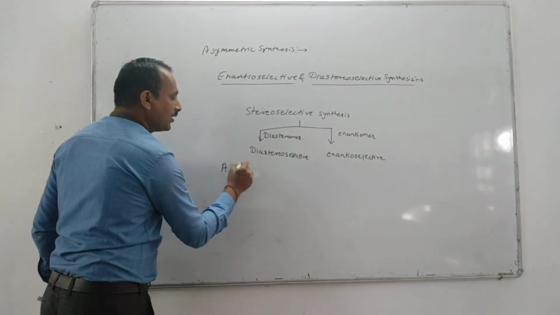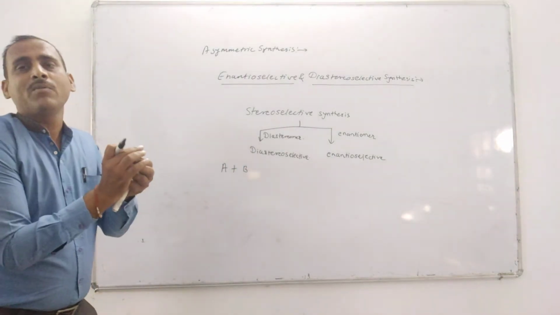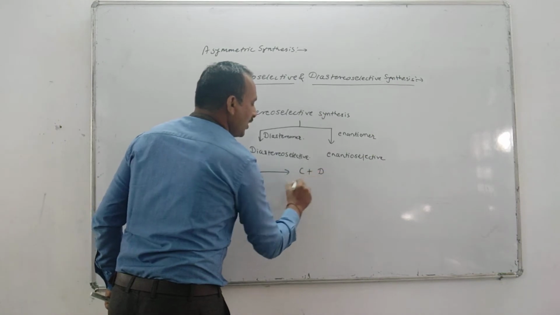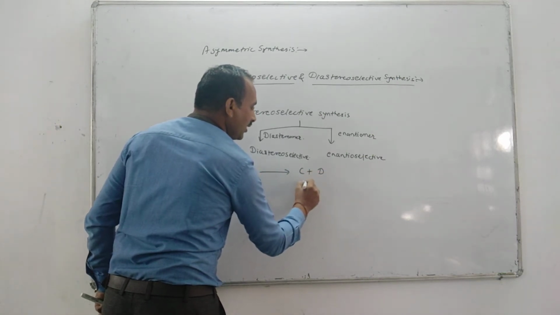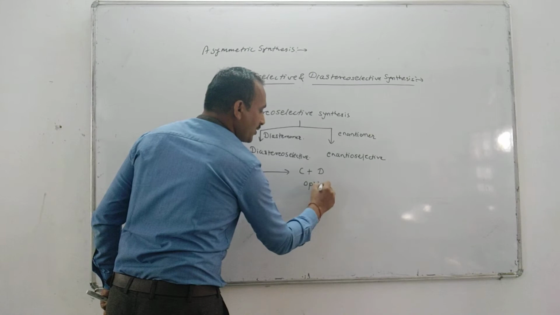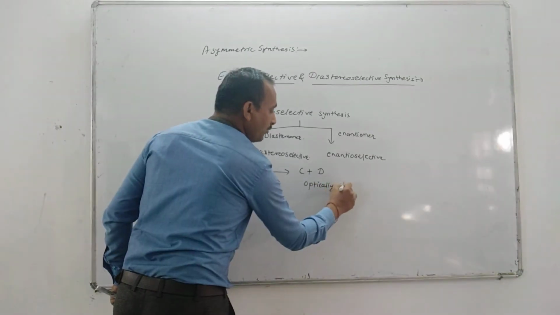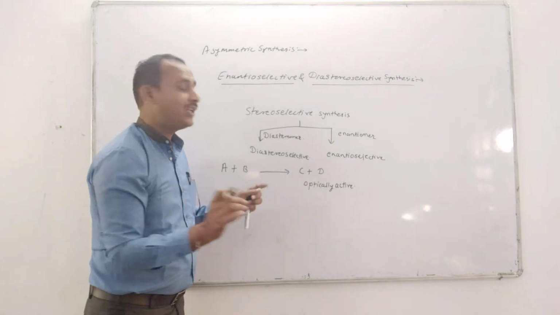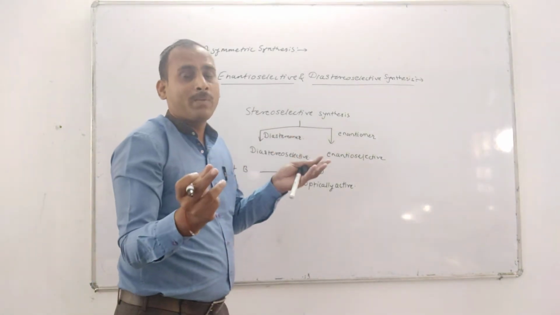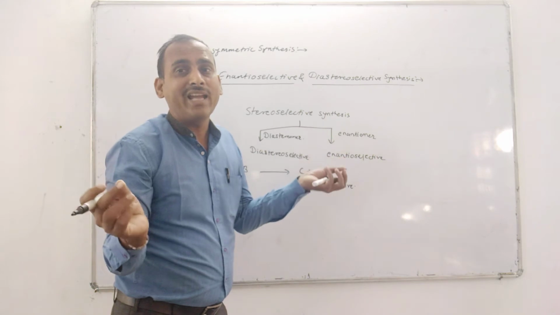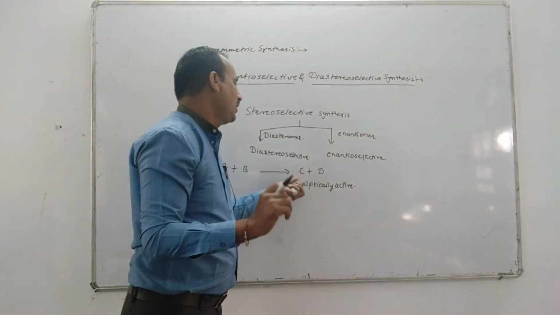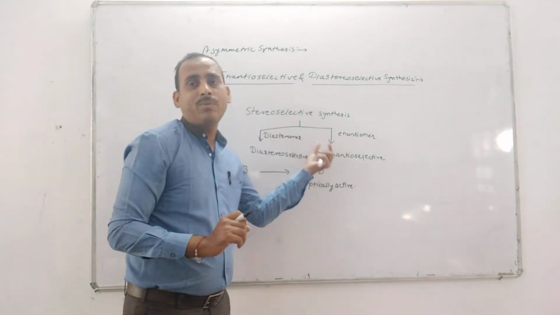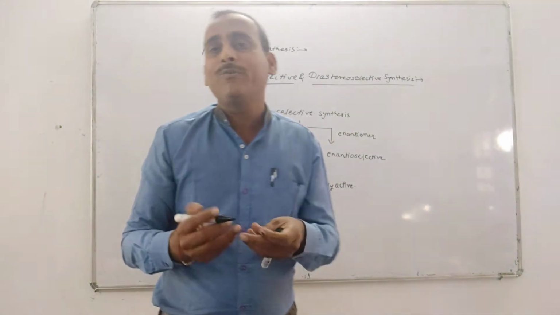Now let's see a general reaction. A plus B, these two reactants combine together and give C plus D. Now this C plus D are optically active compounds. Optically active means the product obtained is not racemic. If the product is racemic, then it is optically inactive. Racemic means 50% of C and 50% of D is obtained with opposite configurations.